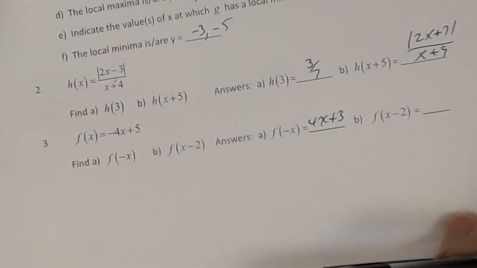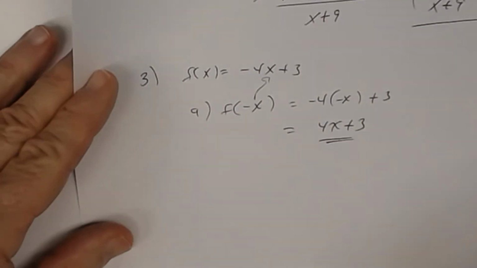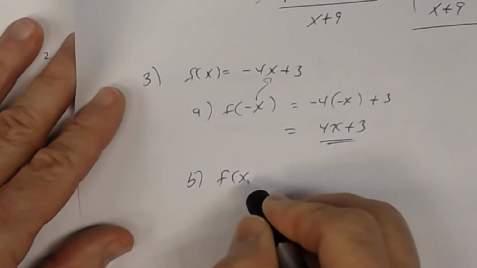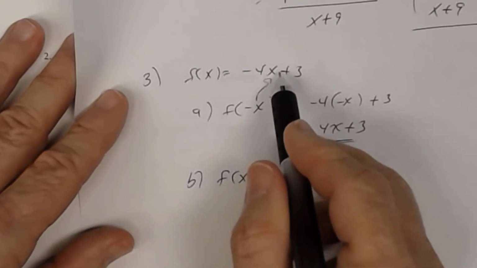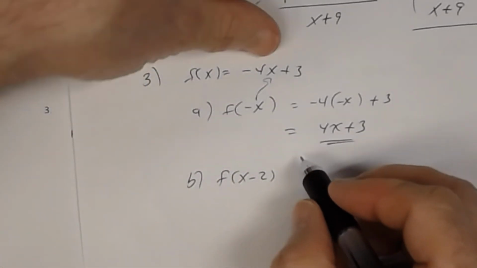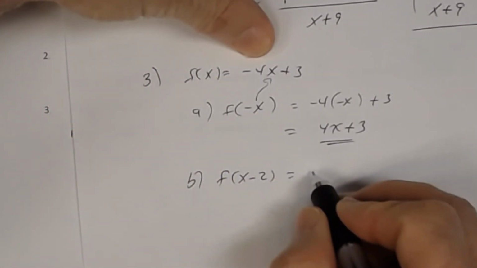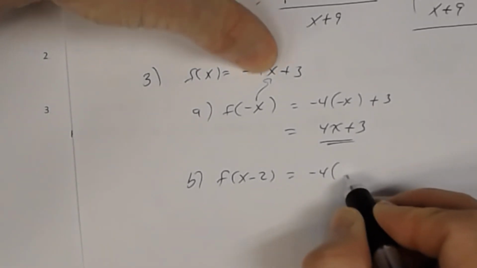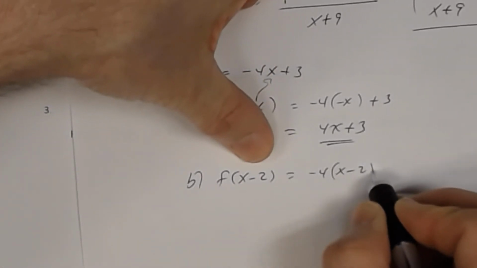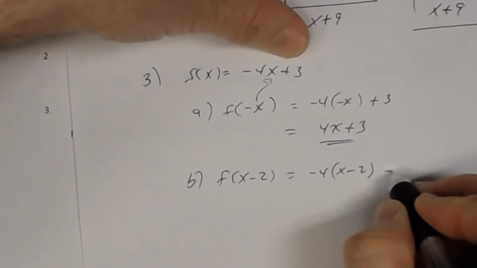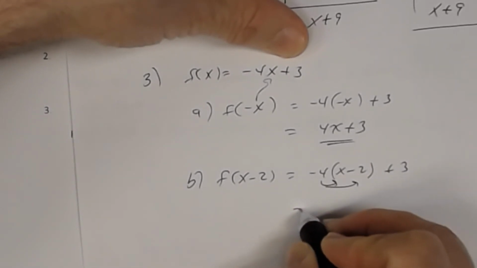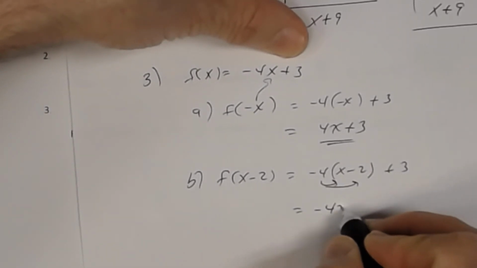Okay, b, now you want to find f of x minus 2. Again, in place of x, you're going to substitute x minus 2. So this becomes negative 4 times, in place of x, put x minus 2 in parentheses, and then plus 3. Now go ahead and distribute. Negative 4 times x is negative 4x.